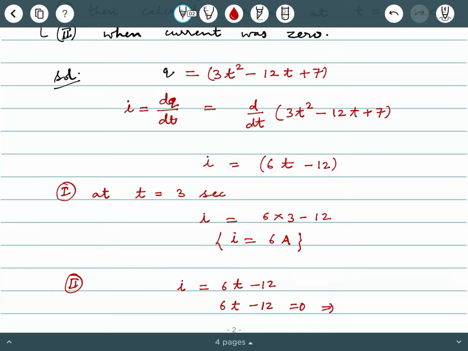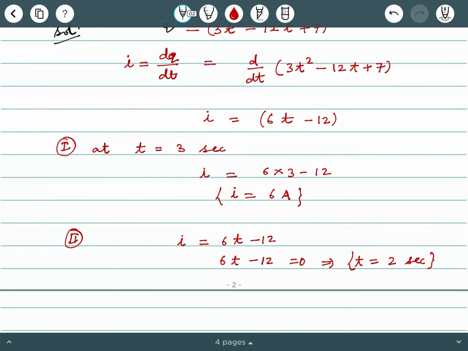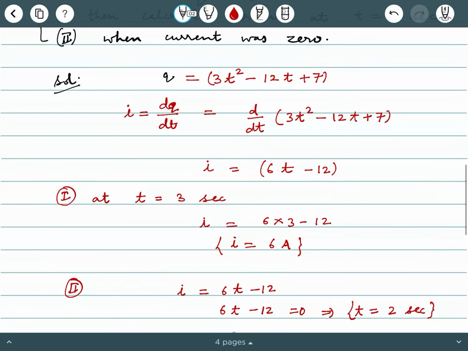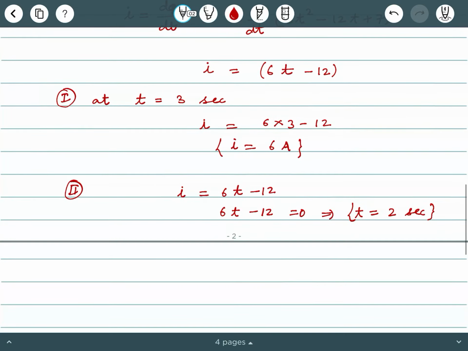If we compare it with 0, it will give us t equal to 2 second. So at t equal to 2 second, current was 0. Fine. So this is a very easy question.